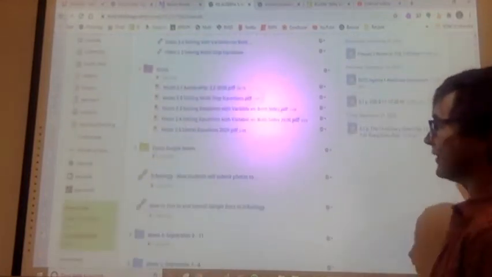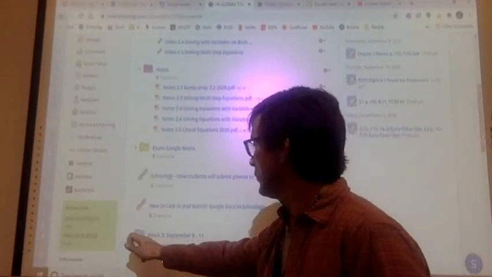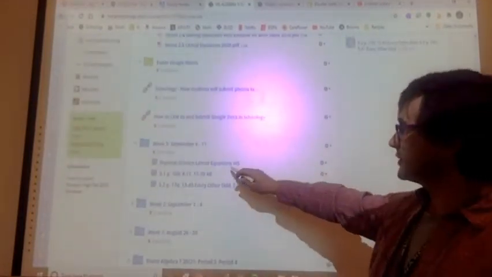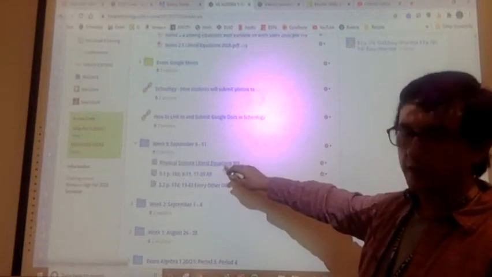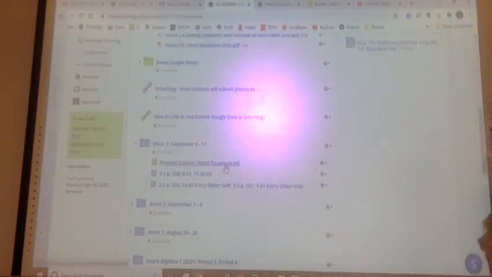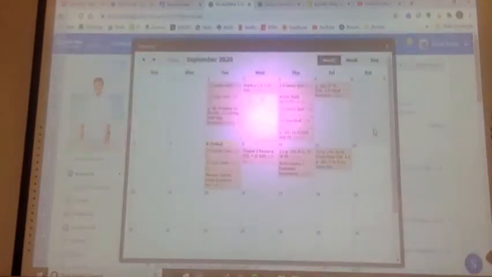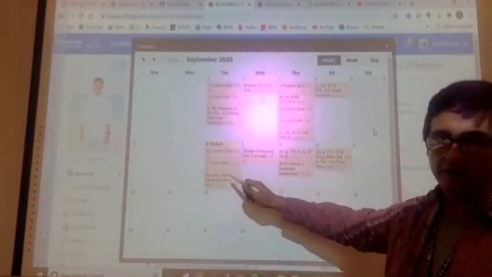So you've got lesson quiz, week 3. So we're going to do this physical science literal equations worksheet. You can find it in the week 3 folder, but the best place to find it always is the calendar, right?